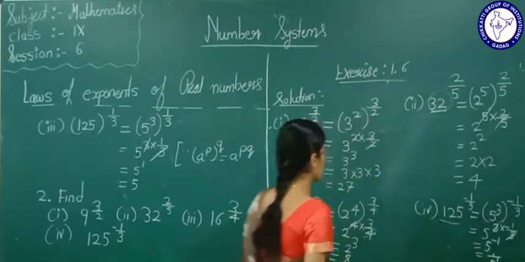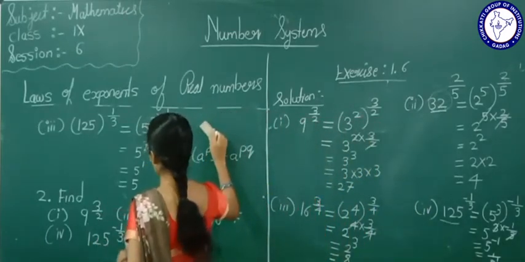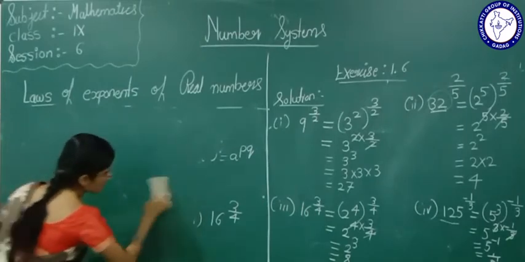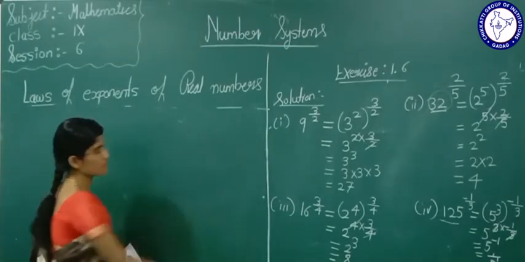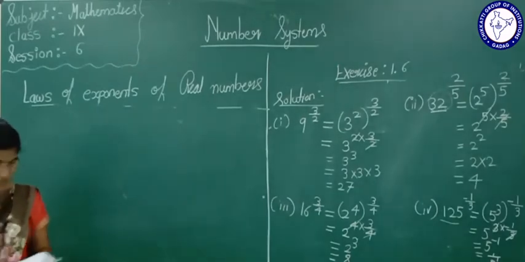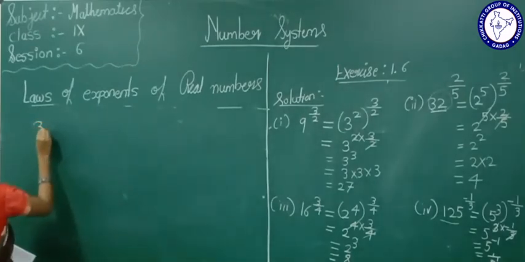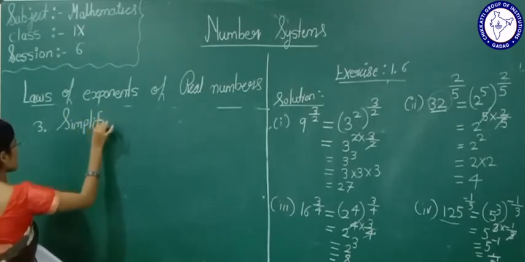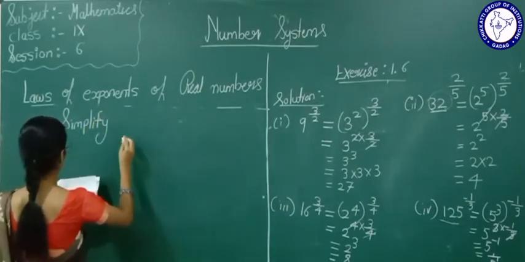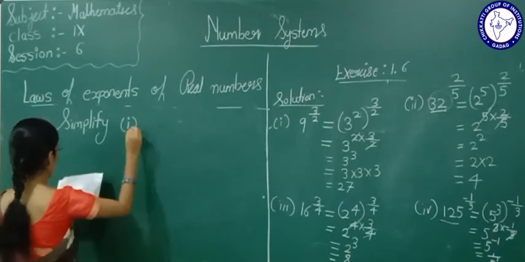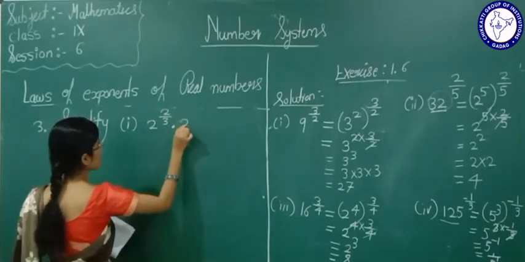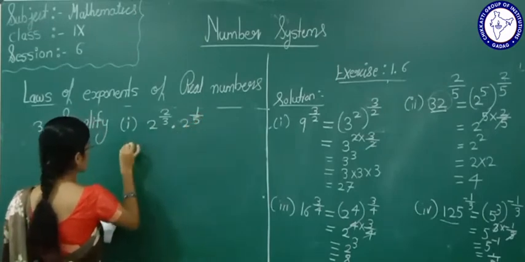Okay. Next one, third main we will solve now. So third main, simplify. First one, 2 raised to 2 by 3 into 2 raised to 1 by 5.